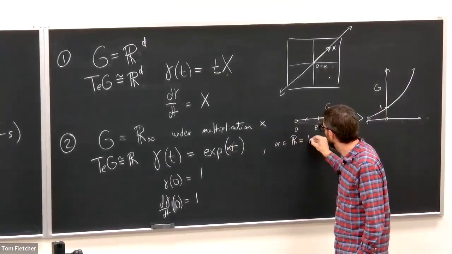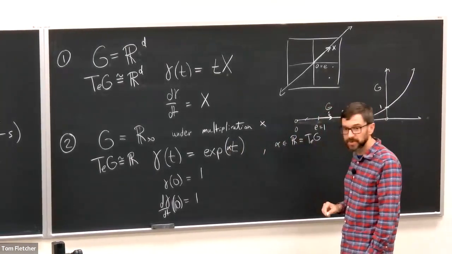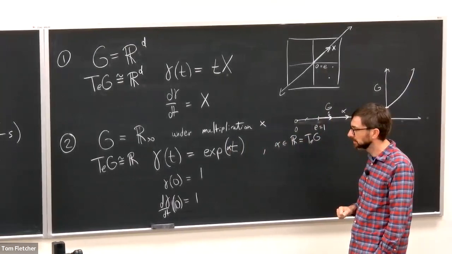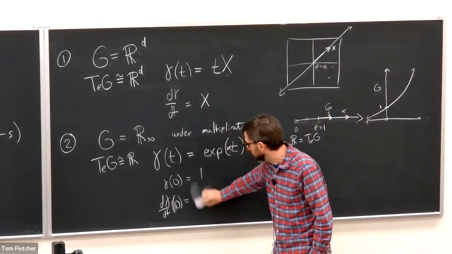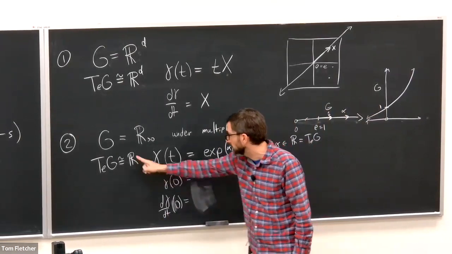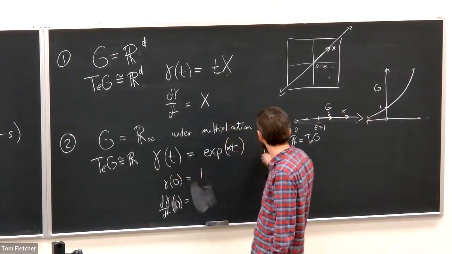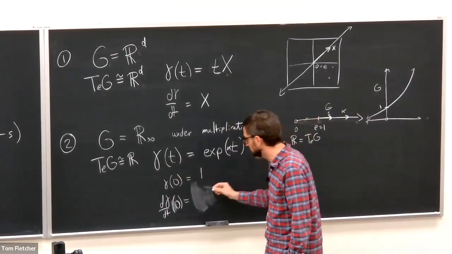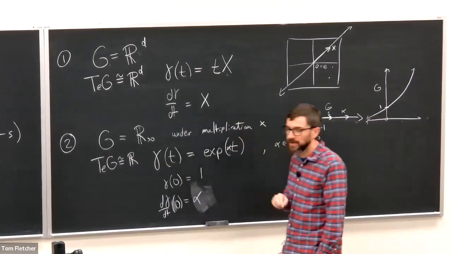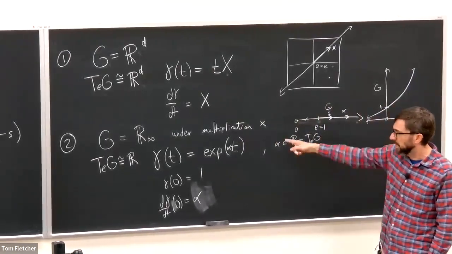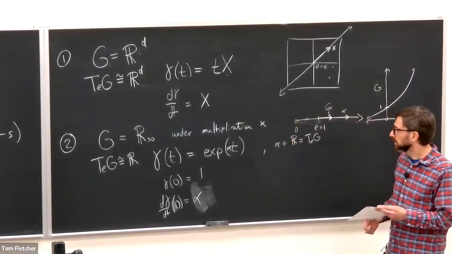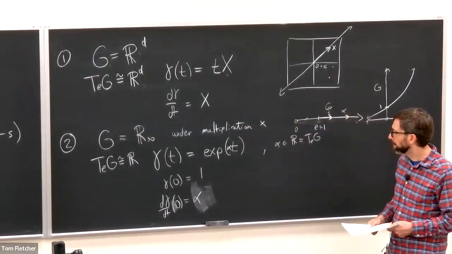By real number, I mean it's a point in the tangent space of the identity. Now my velocity at t equals 0, which is at the identity in G, is equal to alpha. So I can specify the velocity to be whatever you want in tangent space by making this scale factor. Okay.